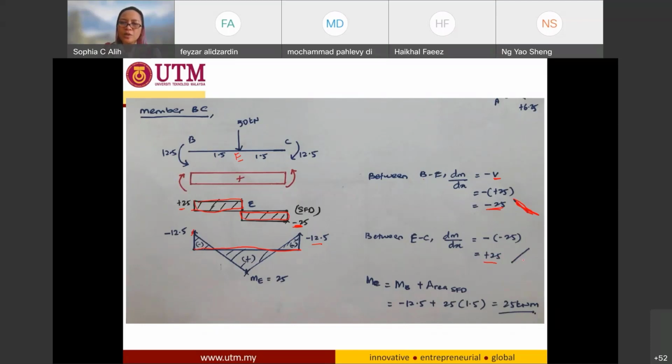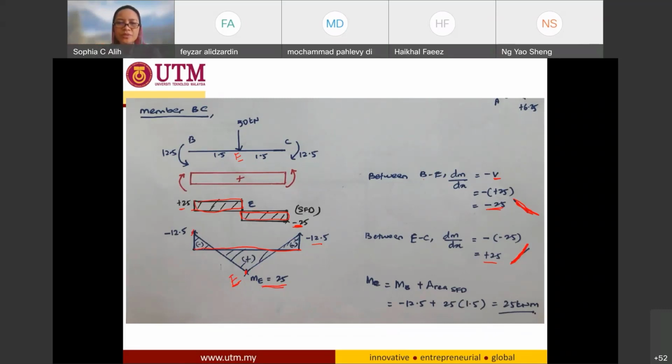Positive slope is going to be pointing upward for my bending moment diagram. So it has to be something pointing downward and pointing upward. But the middle part in here, I knew it is going to be until point E. However, I need to determine how much is the maximum moment at point E.